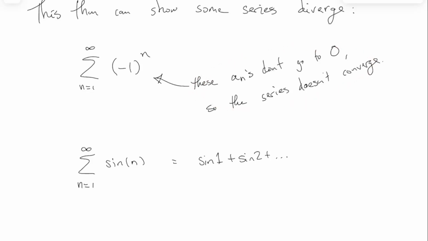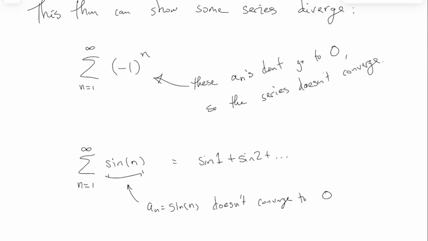But you can, by this same argument. The sequence inside here, a_n equals sine of n, does not converge to 0, because if you just keep on plugging bigger and bigger numbers into the sine function, it doesn't go to 0. The graph of sine goes up and down forever. It doesn't eventually go to 0 when you plug in really big values.